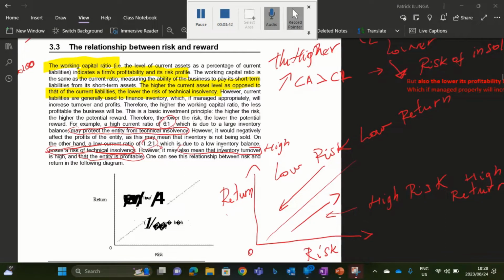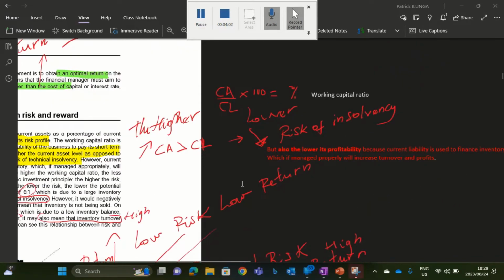There is this ratio, the working capital ratio. It is a ratio that helps gauge a firm's profitability and its risk profile. So what we find is that when this ratio is high, it is a good thing because we understand that the current assets are able to cover the current liabilities.